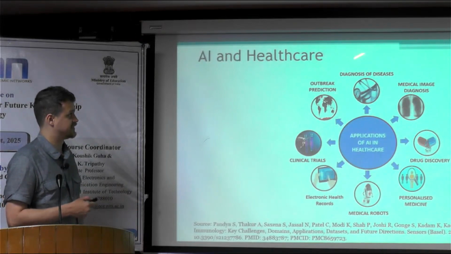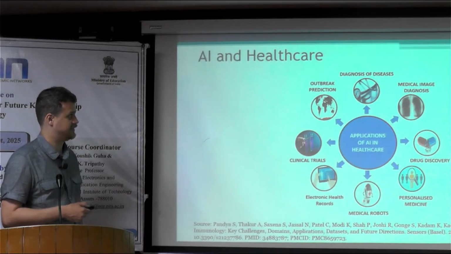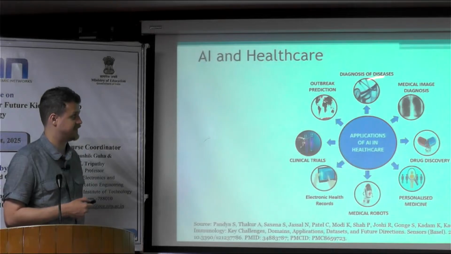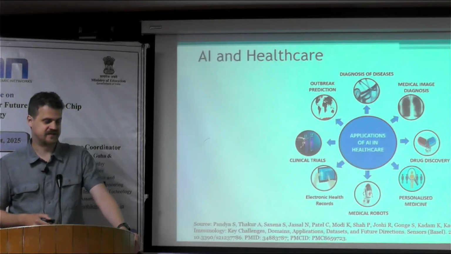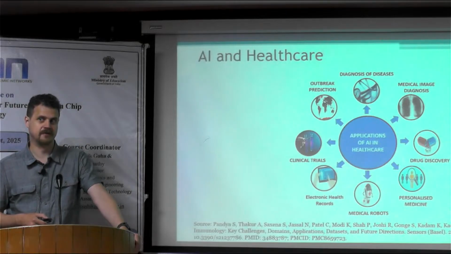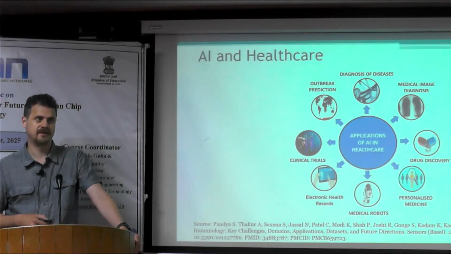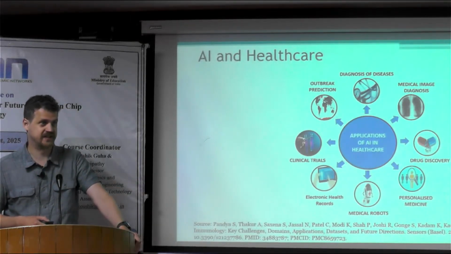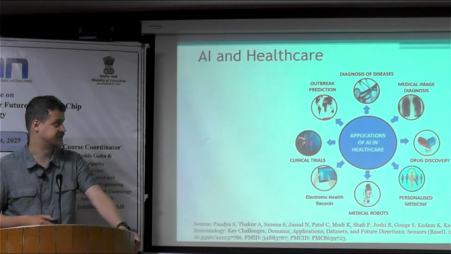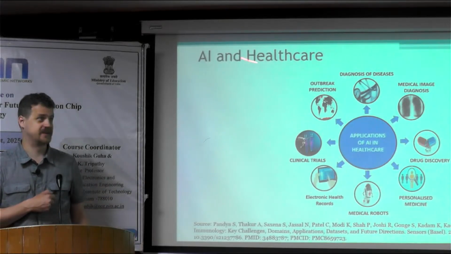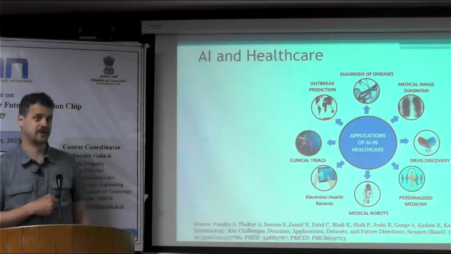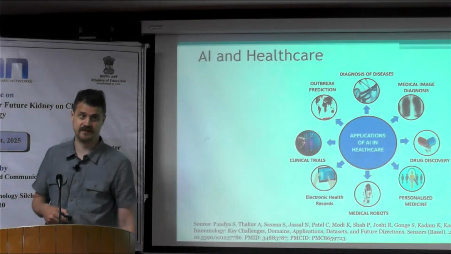So the diagnosis of diseases goes to personalized medicine. It's actually a very handy tool for a doctor to make diagnostic decisions. But like in every technology, there is one small complication that has to be taken into consideration.